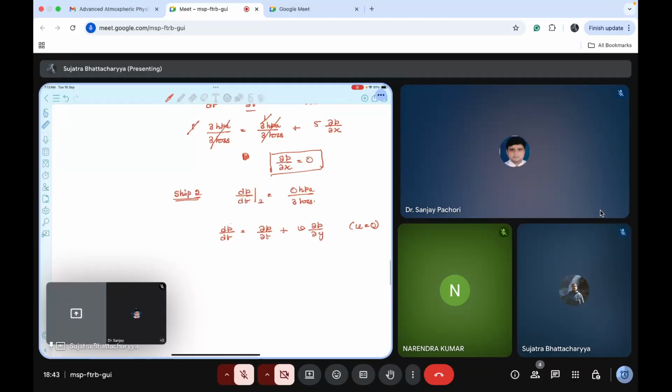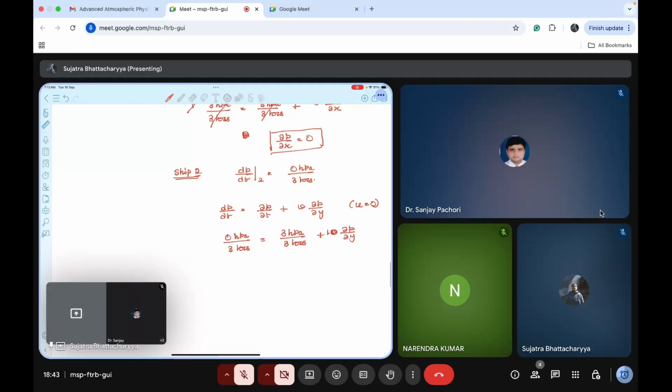For the second ship, this is 0 hectopascals because there has been no change in the 3 hour period. But ∂P/∂t is the weather ship observation, which is minus 1 hectopascal by 3600, plus v ∂P/∂y. And what is v? 10, positive. So this is 0, fine. So it will be minus 1 hectopascal by 3600 is equal to 10 ∂P/∂y.